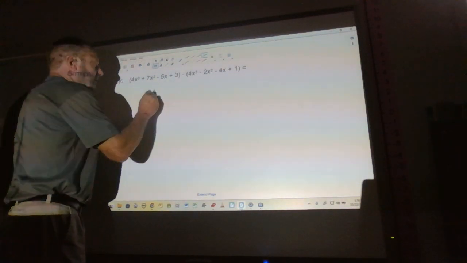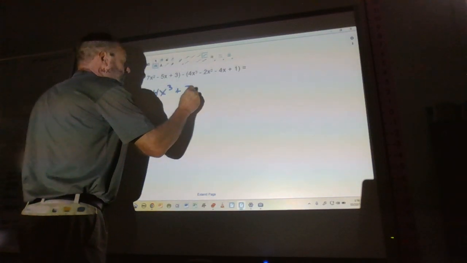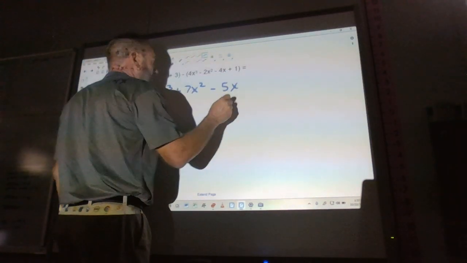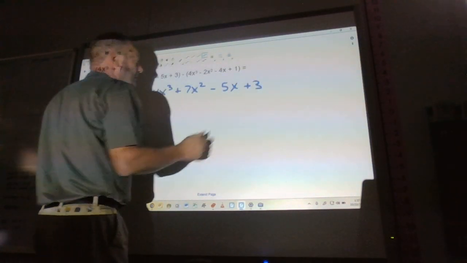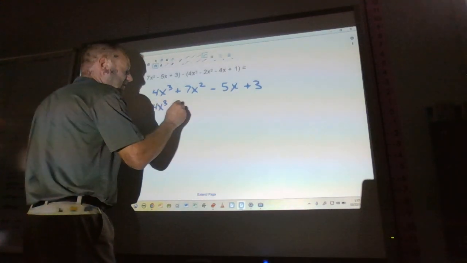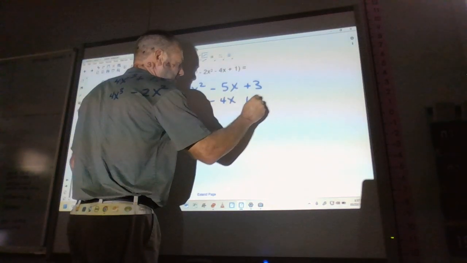I'm going to do it the same way. I'm going to put it in standard form, from the biggest power to the smallest power. And then I'm going to write this one down here underneath because that's the one I'm subtracting. I'm going to line up my like terms.